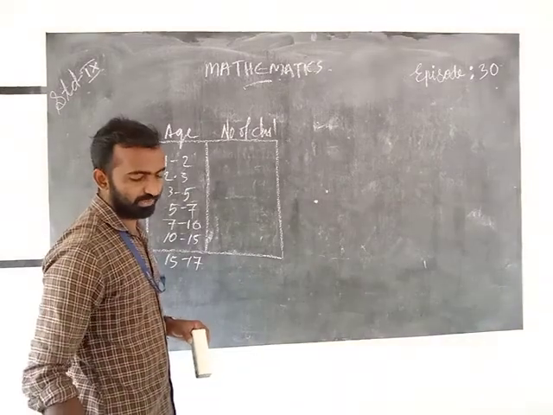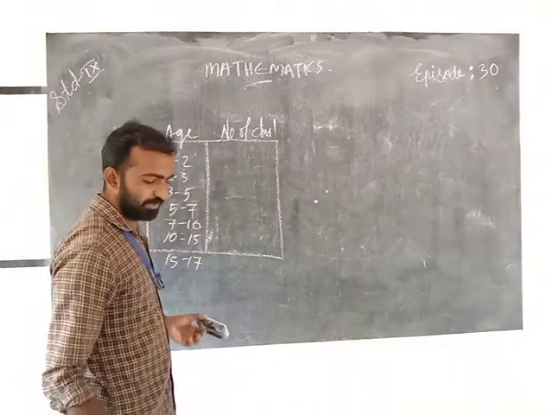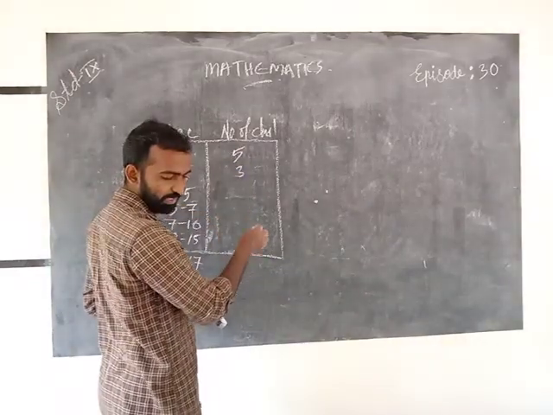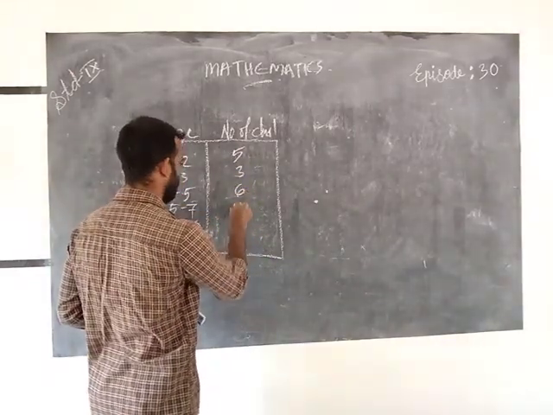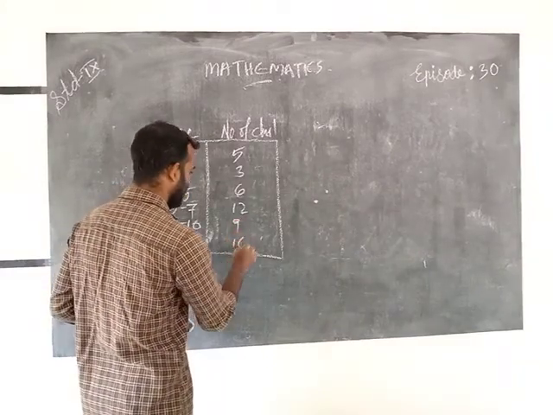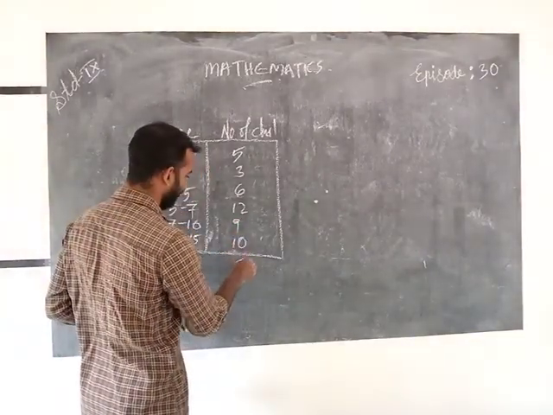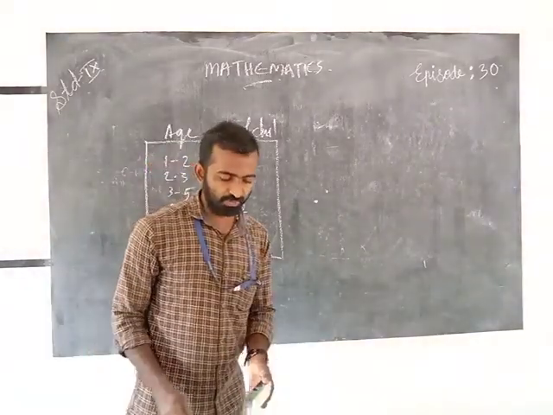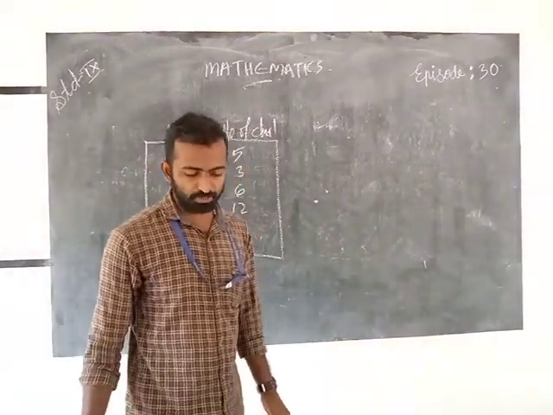The frequencies are 5, 3, 6, 12, 9, 10, 4. These are the table, and we want to draw a histogram to represent it.